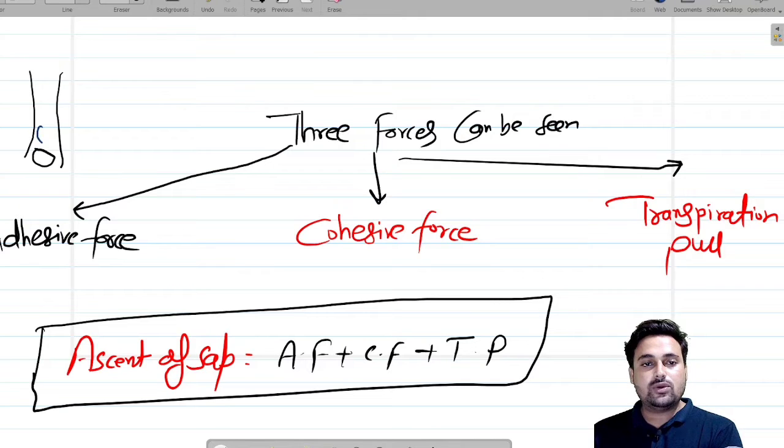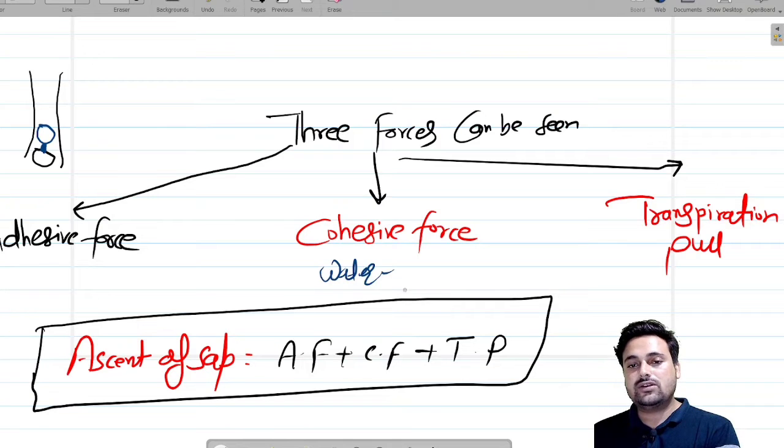Two types of forces can be seen here. A force between two drops, that is between the same molecules, is the cohesive force. Water to water force is cohesive force.